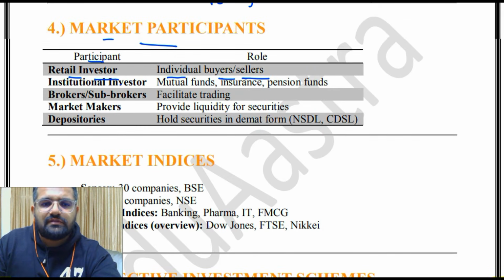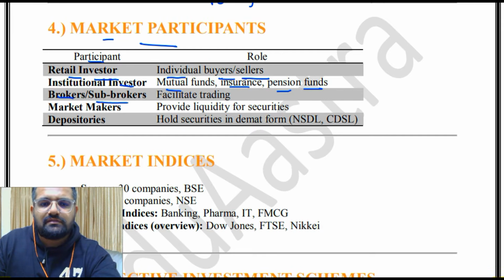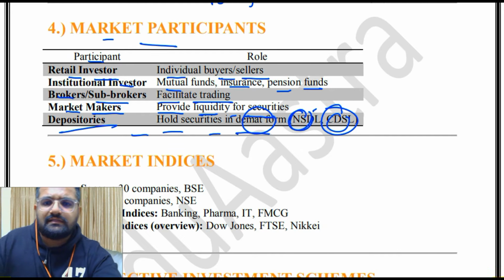Then institutional investor, mutual funds, insurance, pension funds. Broker or sub-broker facilitate trading. Market makers provide liquidity for securities. And depositories, what is the role? Hold securities in demat form, NSDL and CDSL. Now what are these NSDL and CDSL?